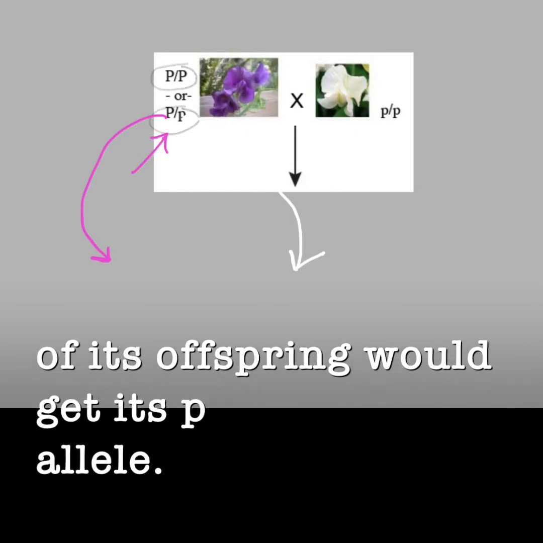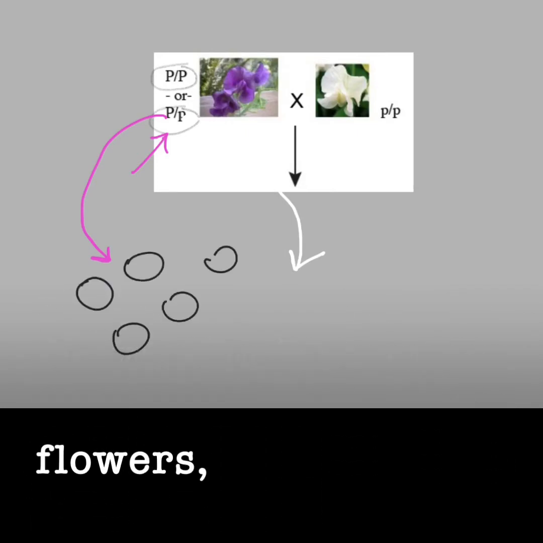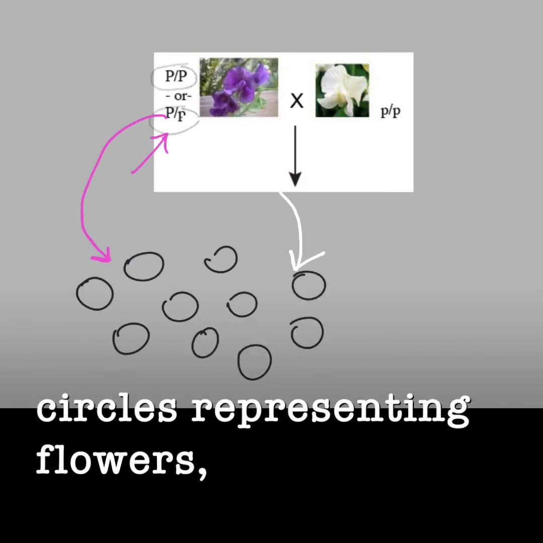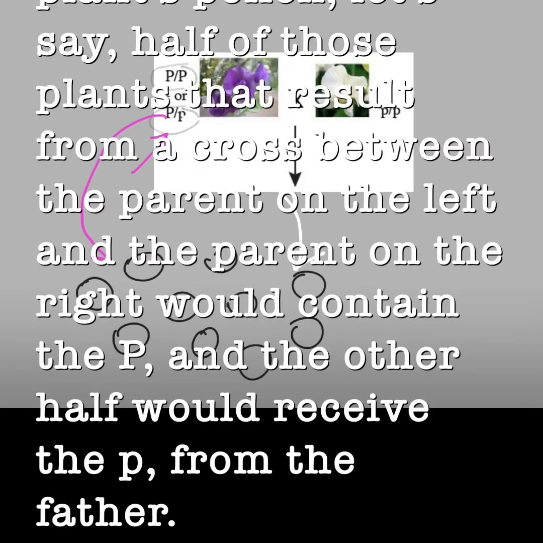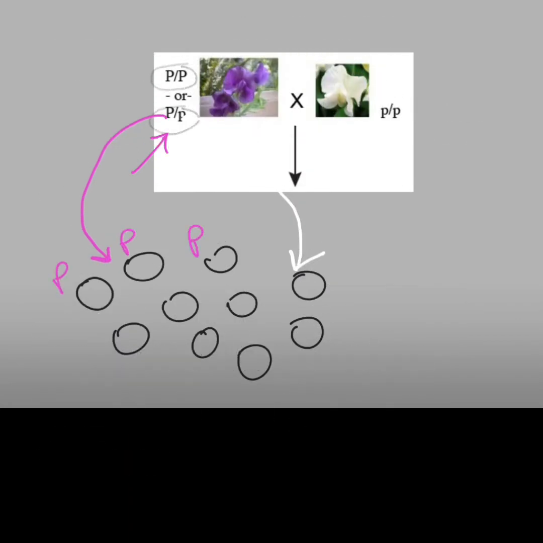So you can imagine that in these forming flowers, let's draw 10 circles representing flowers. In that purple plant's pollen, let's say, half of those plants that result from a cross between the parent on the left and the parent on the right would contain the capital P, and the other half would receive the lowercase p from the father.